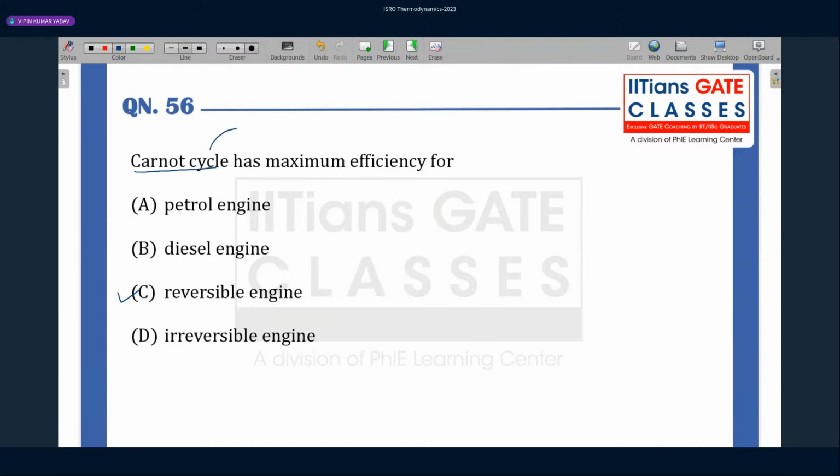Carnot cycle is basically only valid for a reversible engine, first of all. It is also called a reversible cycle, and it defines the efficiency for a reversible engine.